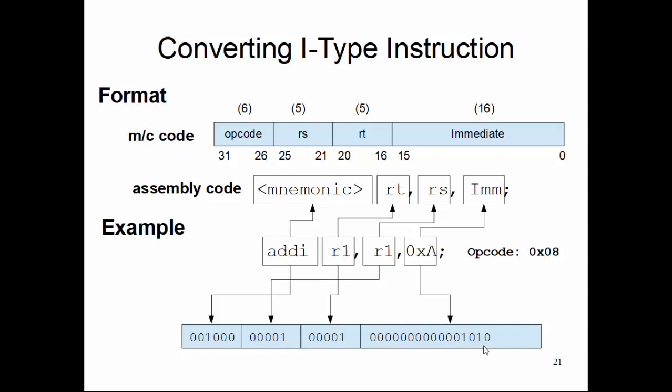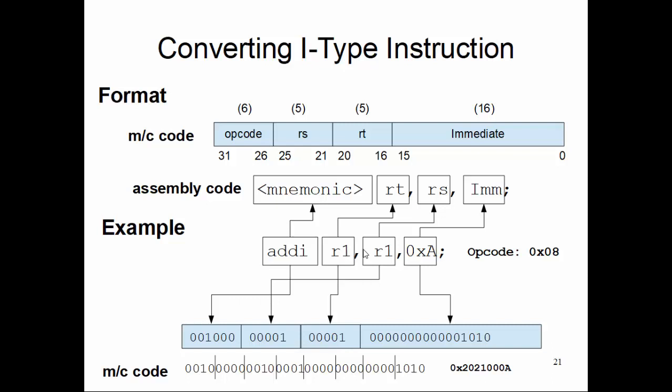So we place these, and then we have the 32-bit machine code, which we can compact into a hex format. That's a different representation: just binary versus hex. So this is your machine code for the I-type instruction, and this is how the assembler generates the machine code for a given I-type instruction.